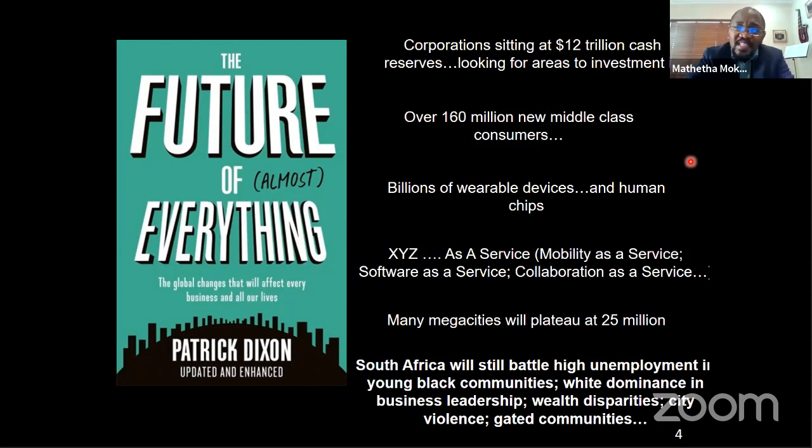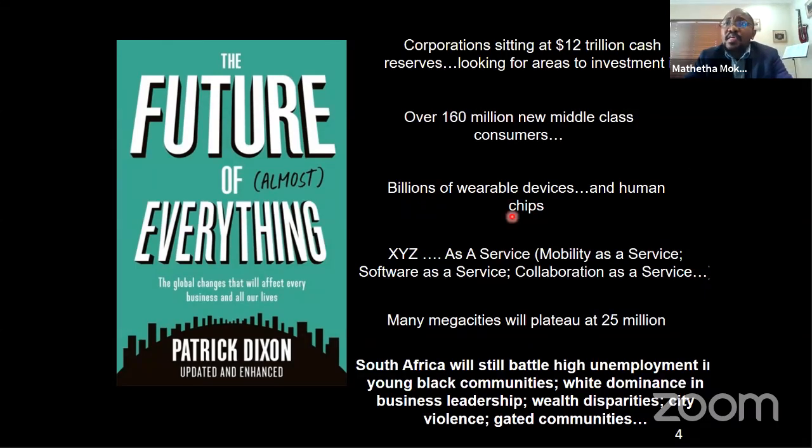So that represents an opportunity, but that also can be a hindrance, because depending on who pitches best, that money will go there. And currently what we're seeing is that the electrification of cars is getting more and more traction, so the monies are going there. So we need to be aware of some of these trends so that we're able to influence where the money goes.